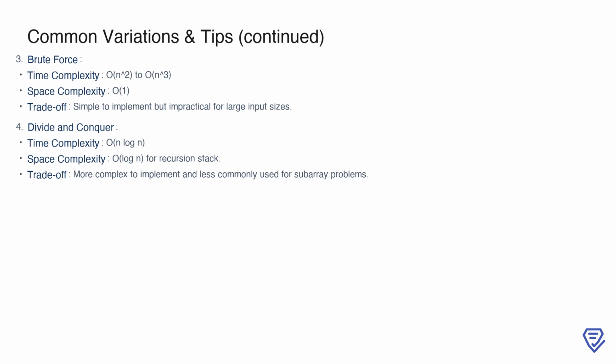On the other hand, divide and conquer offers a more balanced approach with a time complexity of O(n log n) and a space complexity of O(log n) due to the recursion stack. However, it's more complex to implement and isn't as commonly used for subarray problems. Understanding these trade-offs is important, as the best approach depends on the specific constraints and requirements of the problem you're solving. By considering these factors, you can choose the most effective solution for the given context.